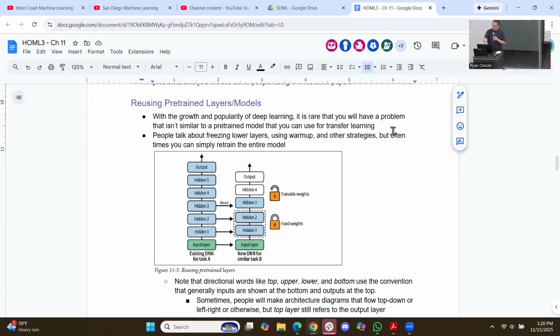In the very early part of the book, we talked about house prediction, where you have some number of bedrooms, and maybe at some point you want to use number of bedrooms times the square footage as a feature. You don't have to do that with neural networks. They're figuring out these features themselves.